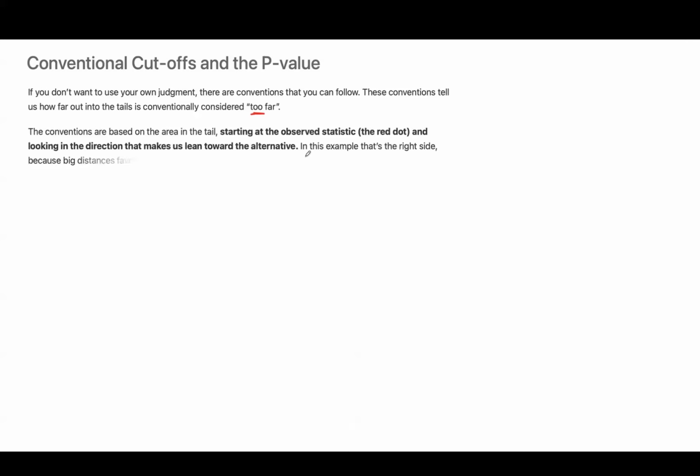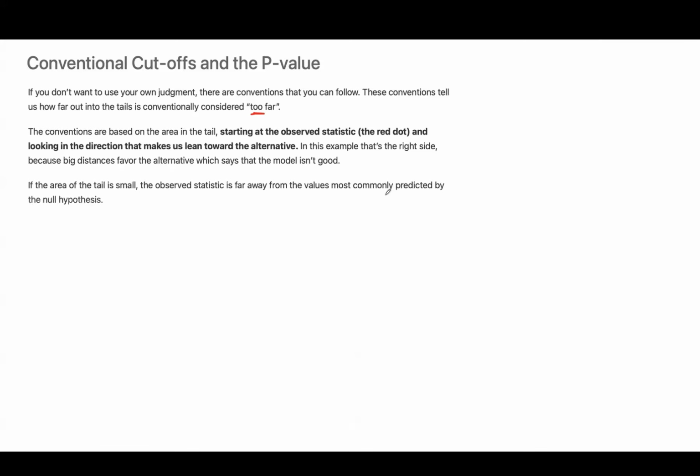In our example, that is the right side, where you see that red dot as well, because big distances favor the alternative, which says that the model isn't good enough. If the area of the tail is small, then the observed statistic is far away from the values most commonly predicted by the null hypothesis.